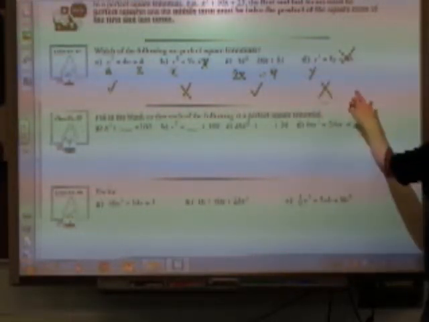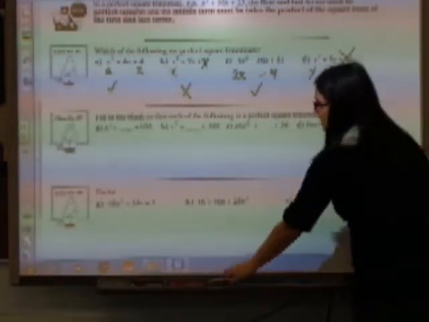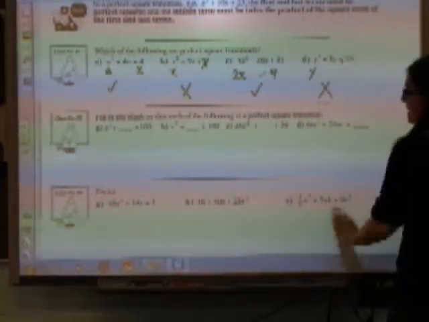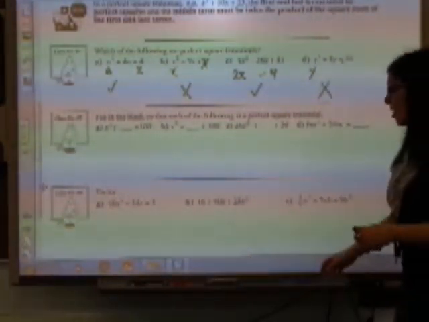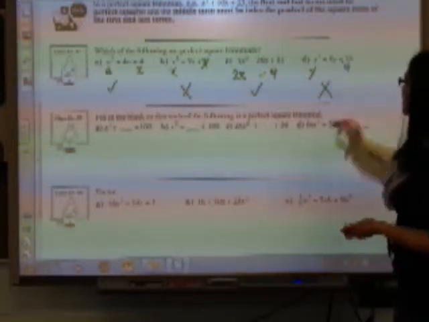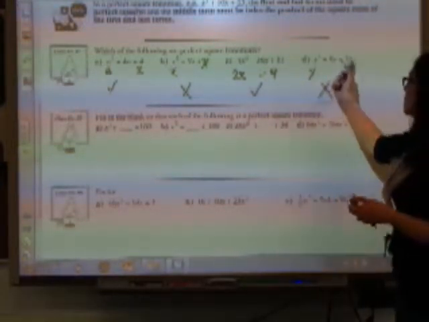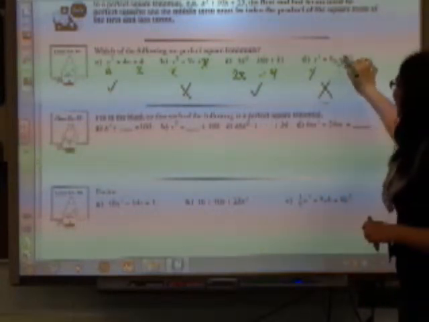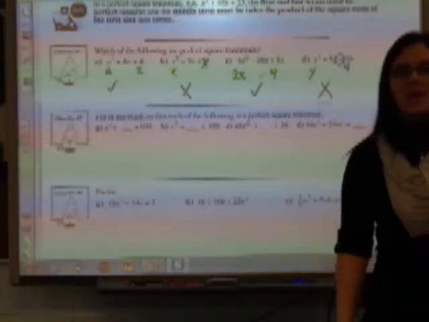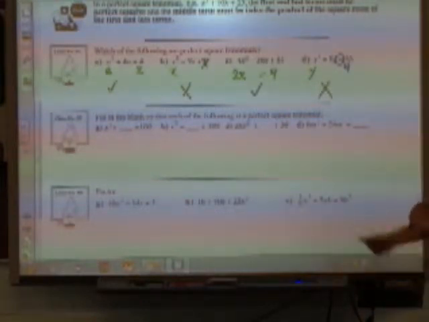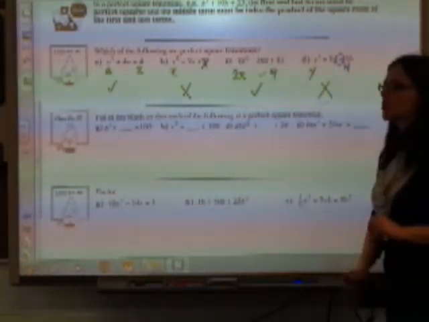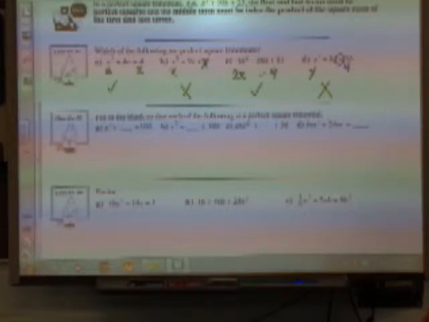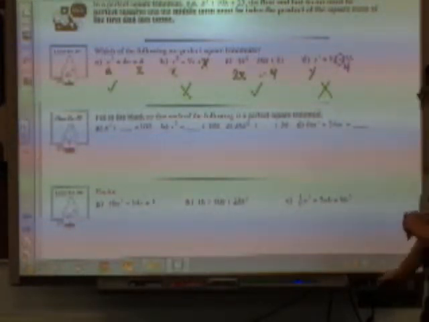It looks like it should be, because if we're not paying attention to that negative in front of the 16, we could end up going, yeah, I can square root 16, I get a 4. y times 4 is 4y, double it, I get 8, we're good to go. But this cannot be negative. In a perfect square trinomial, your first term and your last term must be positive. If they are not positive, it is not a perfect square.